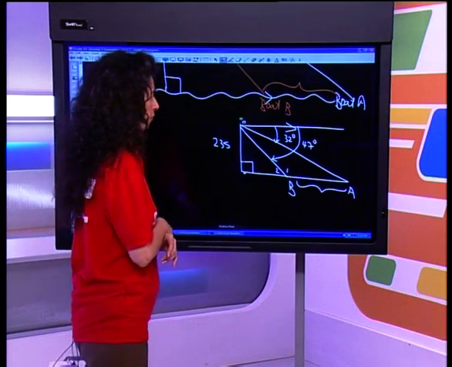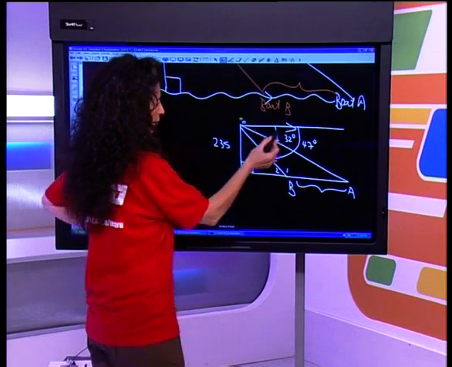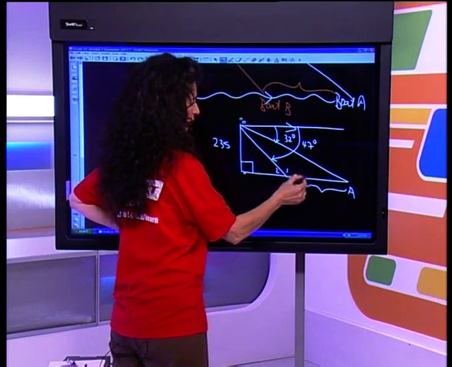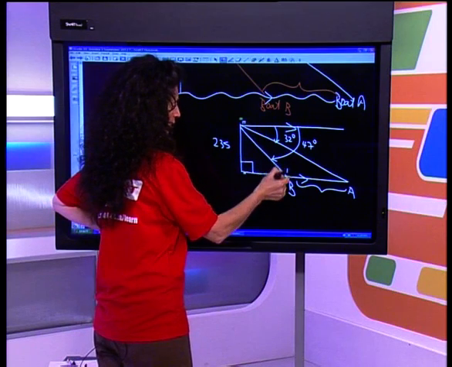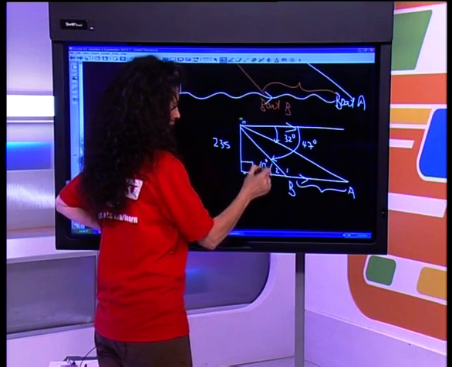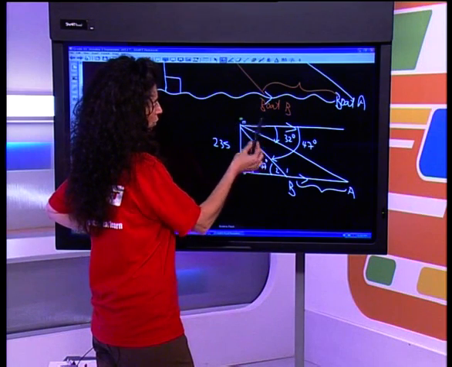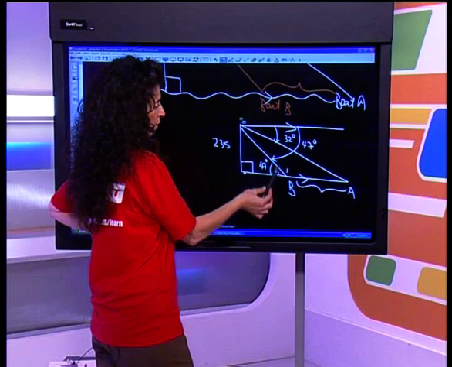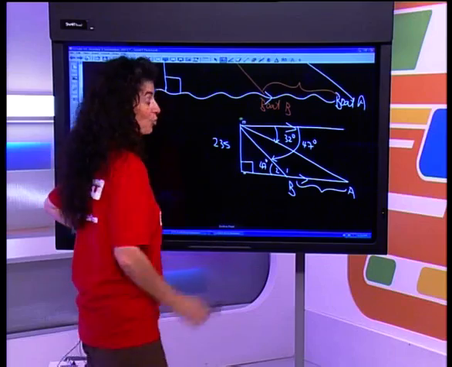I'll begin with something simple: if the horizontal is parallel to the ground, do you agree that B2 has got to be 47? In fact, if an observer looks down at an object, then from that object, looking up at the observer, the angle of elevation will be the same.